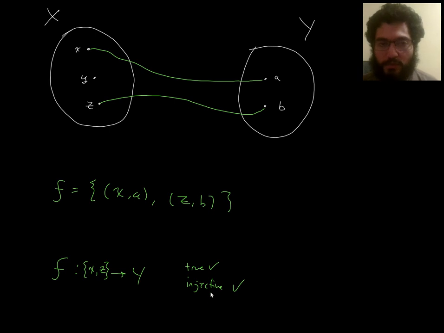A one-to-one or an injective function has no collisions. So to every input, we associate only one output, that's functionhood, but also for every output, there's a unique associated input, that's injectivity.